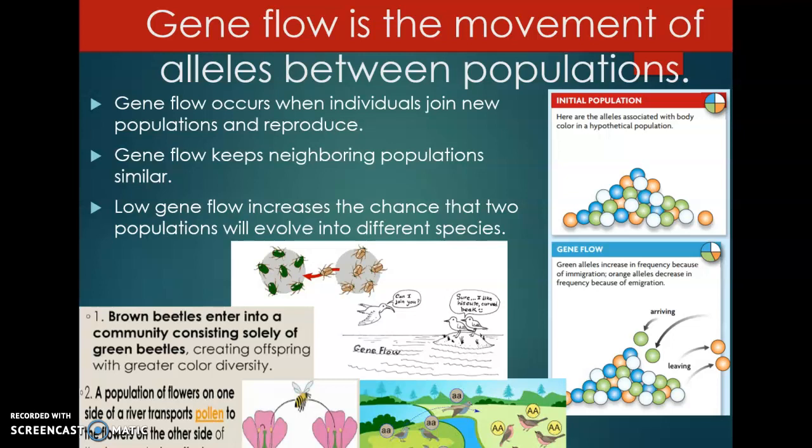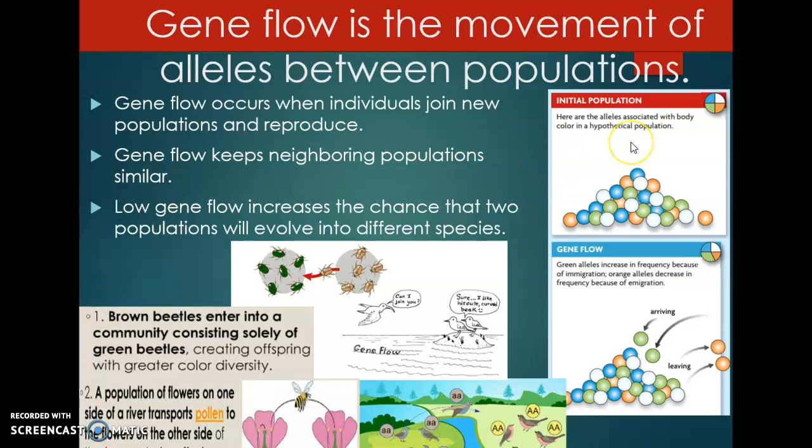But what if we had some brown frogs just kind of pop into this population and they're like, hey, this looks like a good place, I think I'll settle here? Then that immigration, them coming into that population, is going to change the frequencies. It's going to change the percentage of green versus brown to now there might be more brown than green. So it's going to change the look of that population.